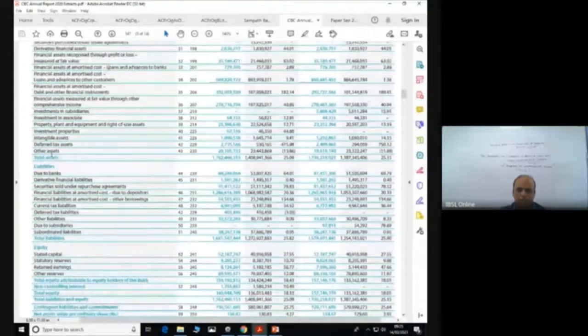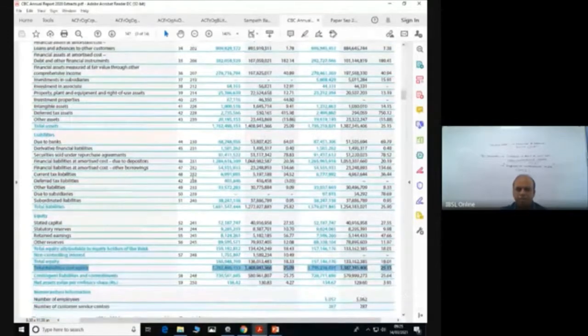So you see the total assets should be equivalent to the total liabilities and equity, which is your fundamental accounting equation.